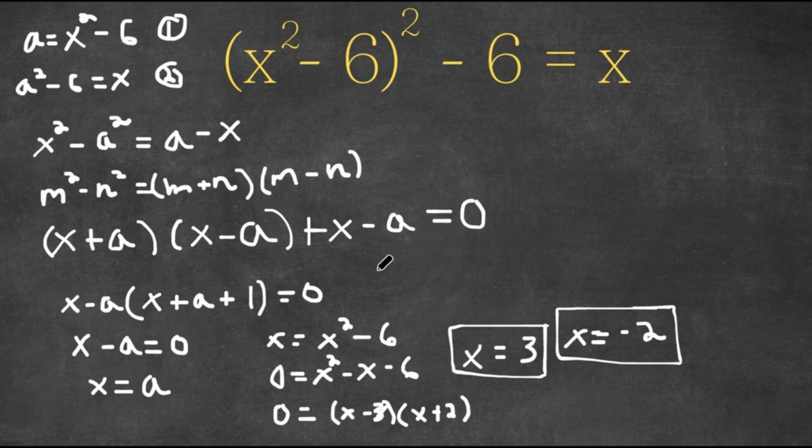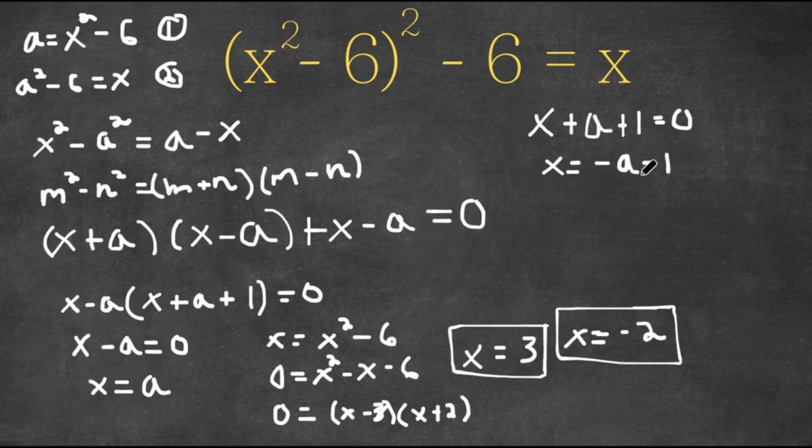However, there is still another equation. We still have x + a + 1 equals 0. I'm going to subtract everything and move it to the right-hand side, so x is equal to negative a minus 1.